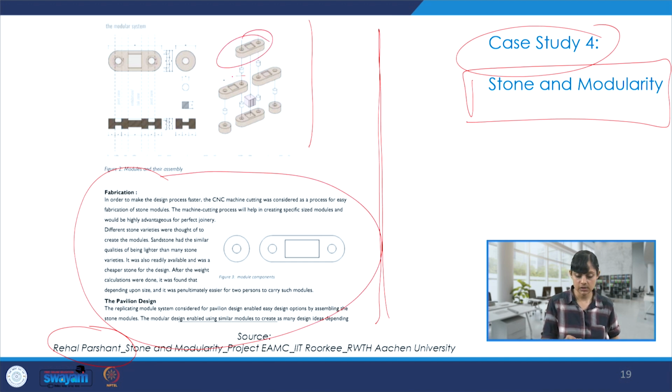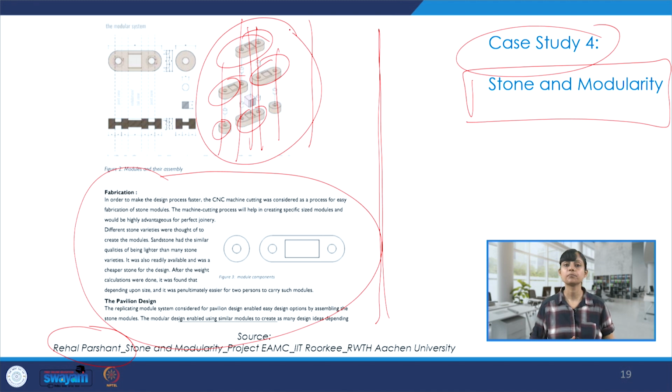So there were these pieces of stones again, and these are the metal sections and how the joinery was designed to put together these sections, and then a permutation and combination of these modules was used to create enclosures and different kinds of prototypes on a human scale.